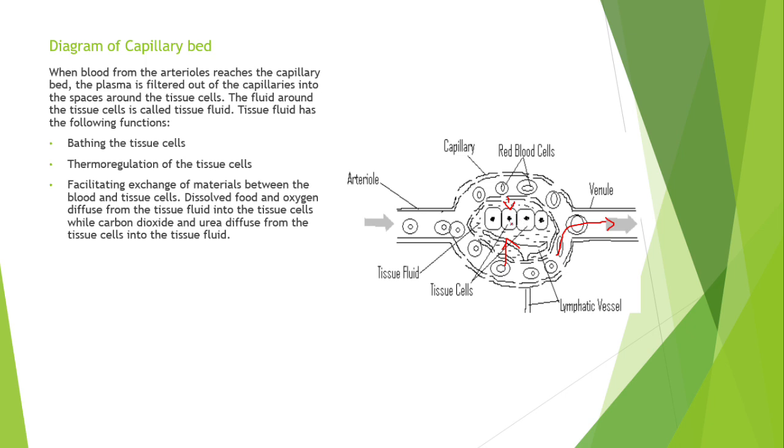That's why they're saying that the tissue fluid facilitates the exchange of materials. And then I am a tissue cell. Carbon dioxide will diffuse from these tissue cells. Carbon dioxide, what else? And urea will diffuse from these tissue cells going into this tissue fluid.